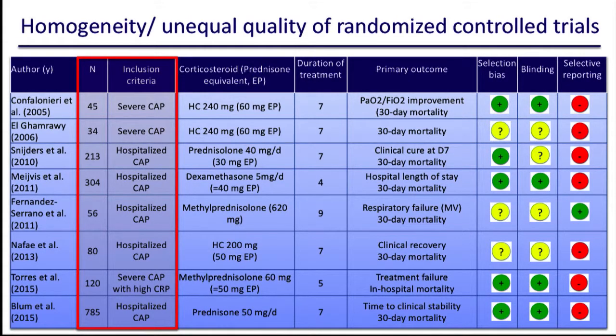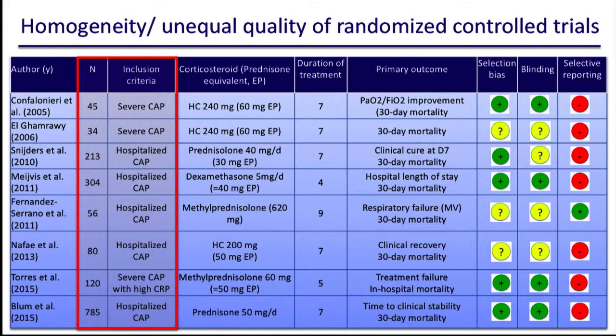So how to interpret these discrepancies? It may be due to a heterogeneity between RCTs and to an unequal quality of randomized controlled trials. On this table, I showed you the most recent RCTs, and you can see that the number of patients included and the inclusion criteria were highly variable.